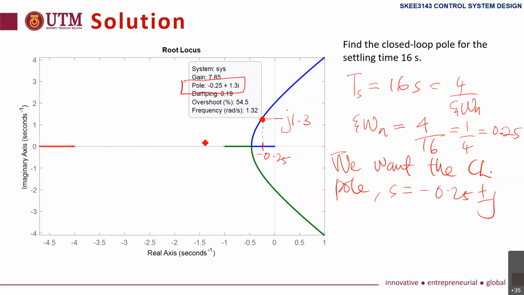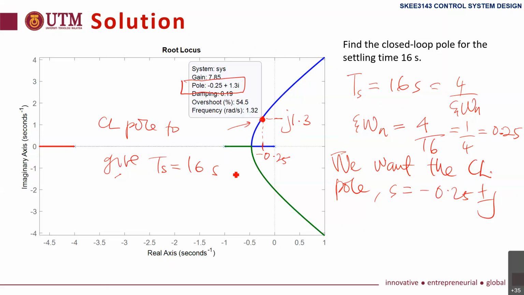So this is the closed loop pole to give Ts of 16 seconds, so that the real axis is 0.25.